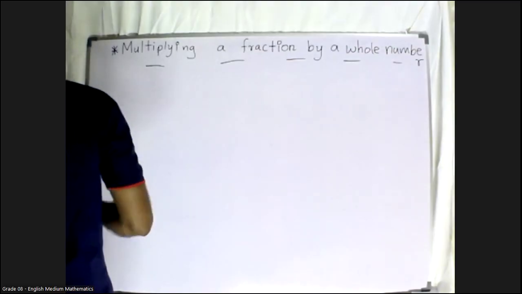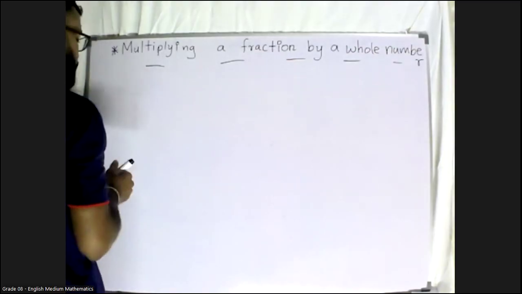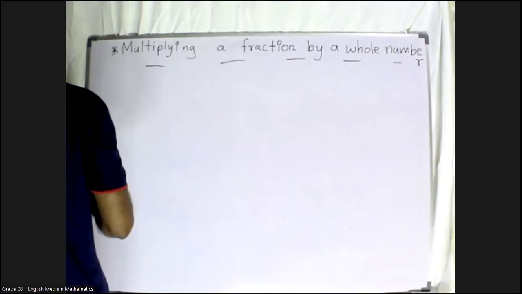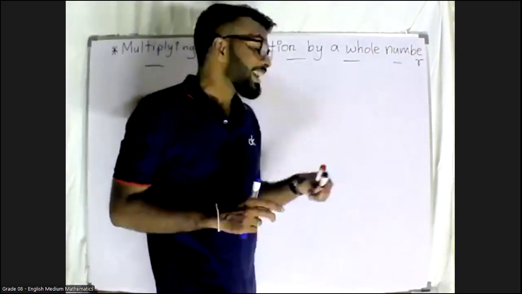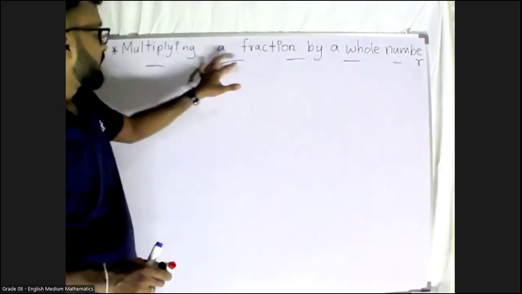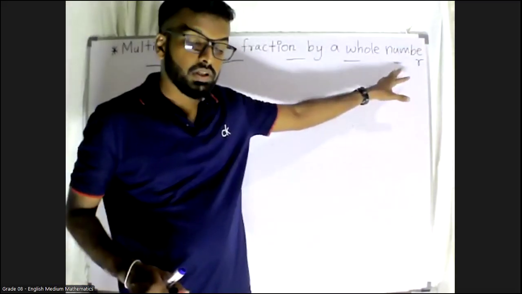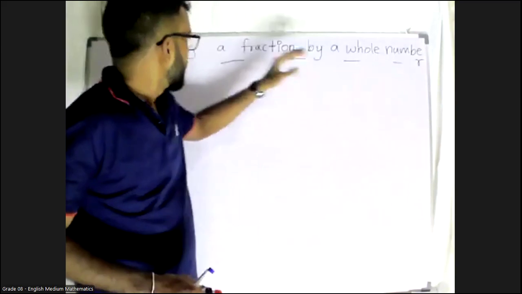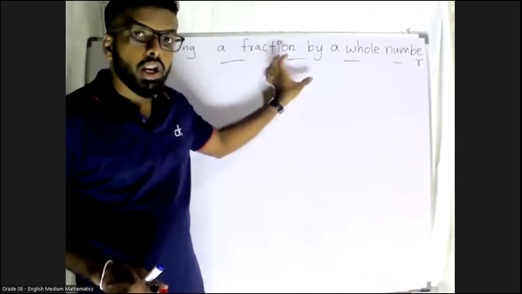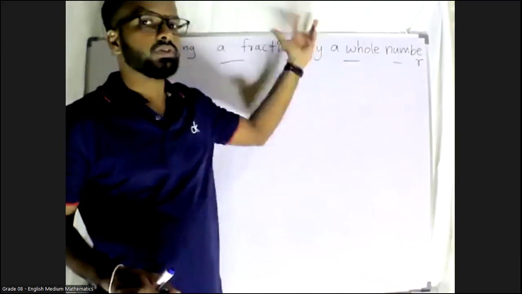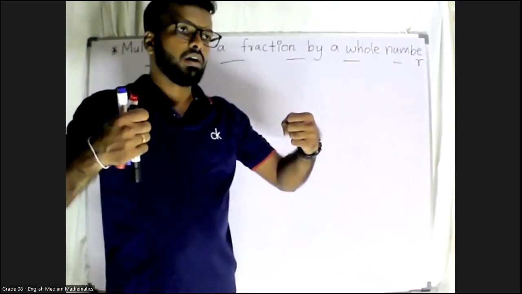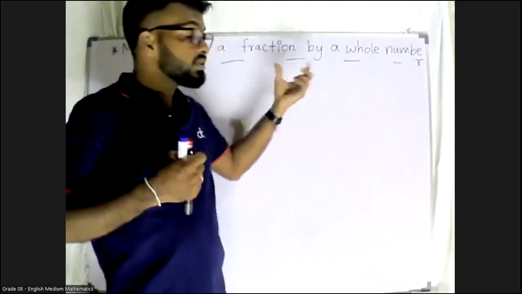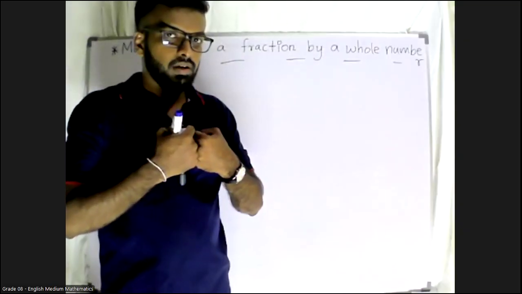Now here, this one is very easy. This is multiplying a fraction by a whole number. The next subtitle is multiplying a whole number by a fraction, the vice versa thing. Both of these will be equal together at the end.